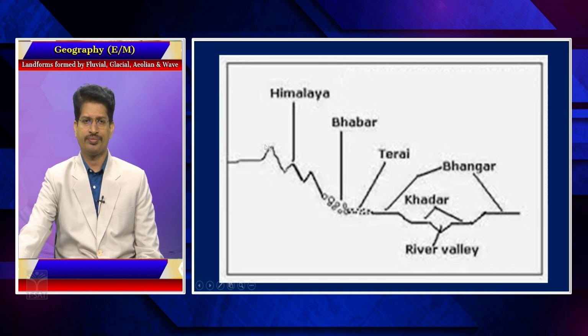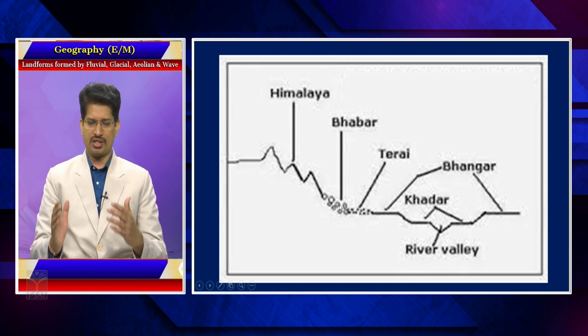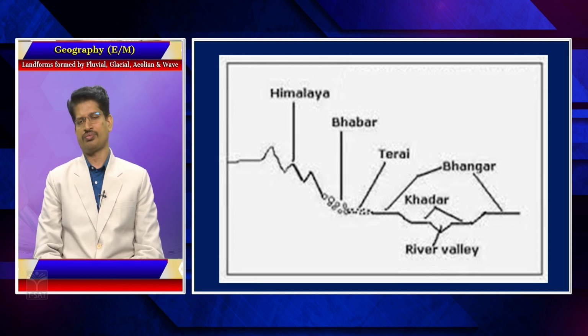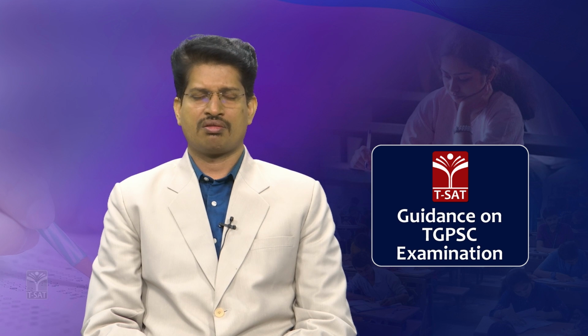By the time the river reaches the plains at the foothills, the slope gradient decreases and the energy of the river decreases. The carrying capability of the weathered and eroded material, such as silt, boulders and pebbles, decreases.